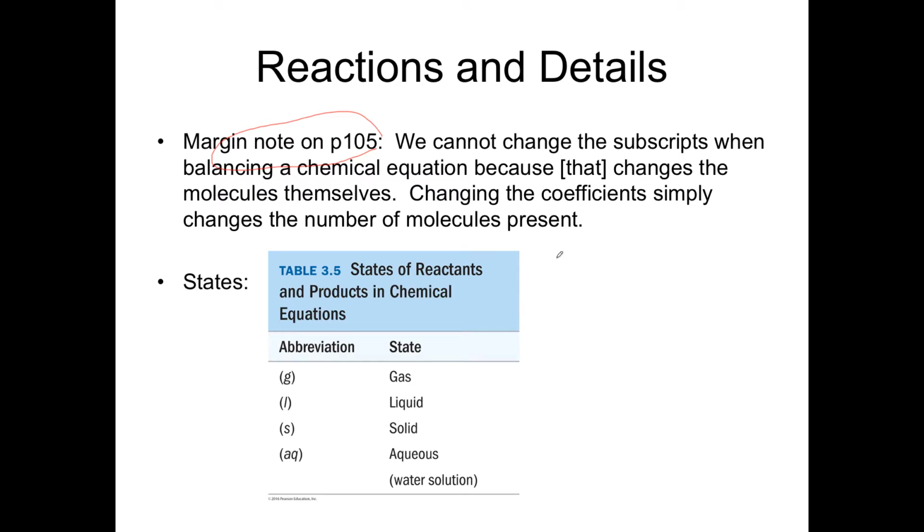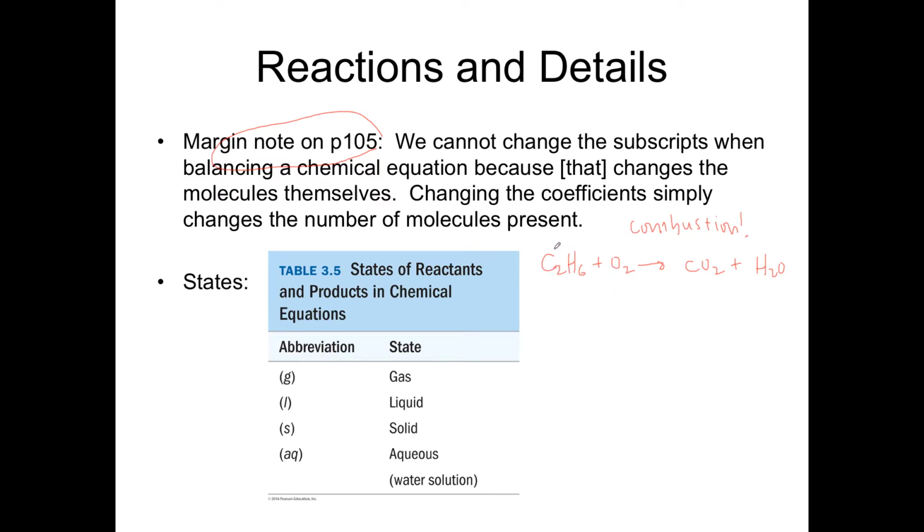All right, so let me give you an example of that. C2H6 plus O2 produces CO2 plus water. Okay, it's another combustion reaction. Can you read my writing? Combustion. Specifically, this is ethane. All right.